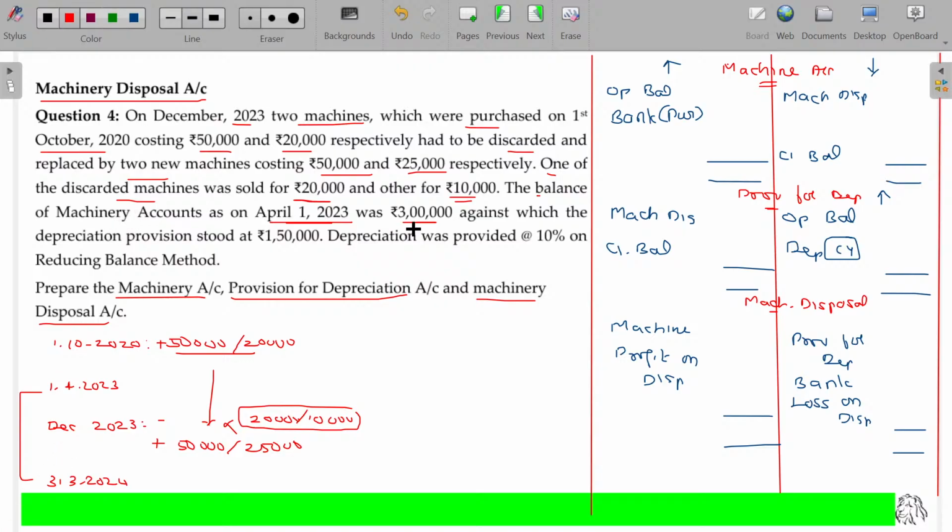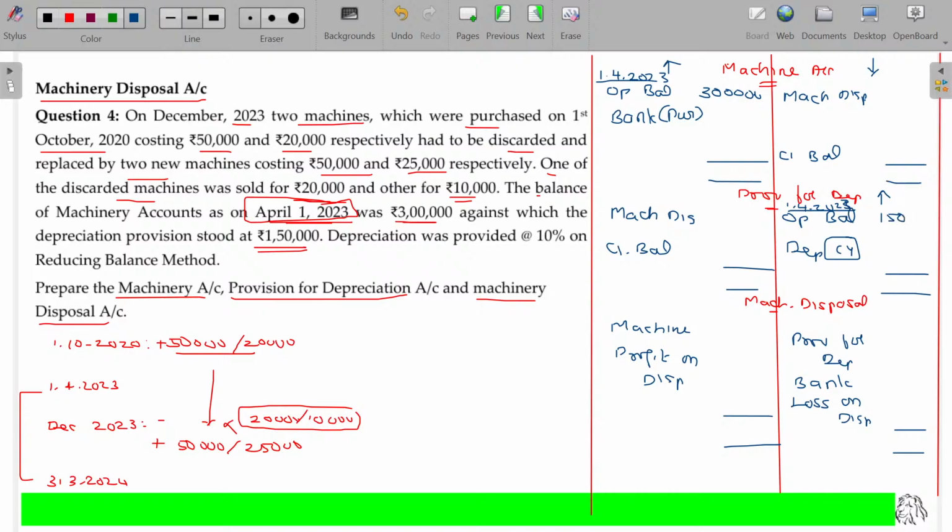And the balance of the machine account on April 1st 2023 being 3 lakhs, against which the depreciation provision stood at rupees 1,50,000. It means the opening balance on this date is 3 lakhs for the asset, and the accumulated depreciation on 1st April 2023 is 1,50,000.